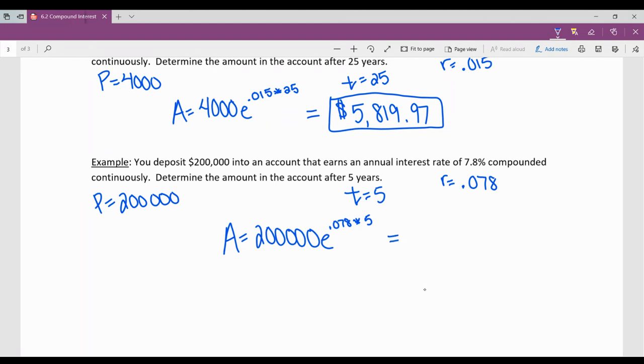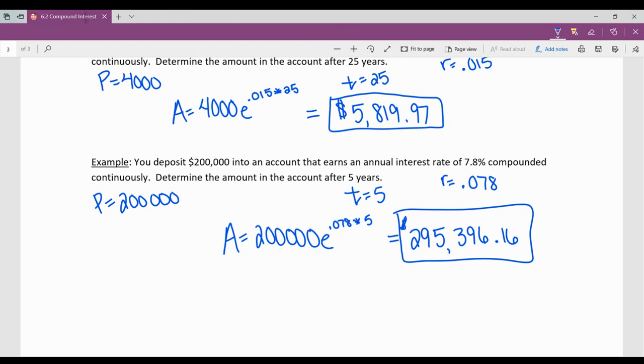So equals $295,396.16. All right, so after 5 years, if you started out with 200,000 on interest alone, you would have 295,000. You almost have 100,000 more. So that's the power of interest, guys.